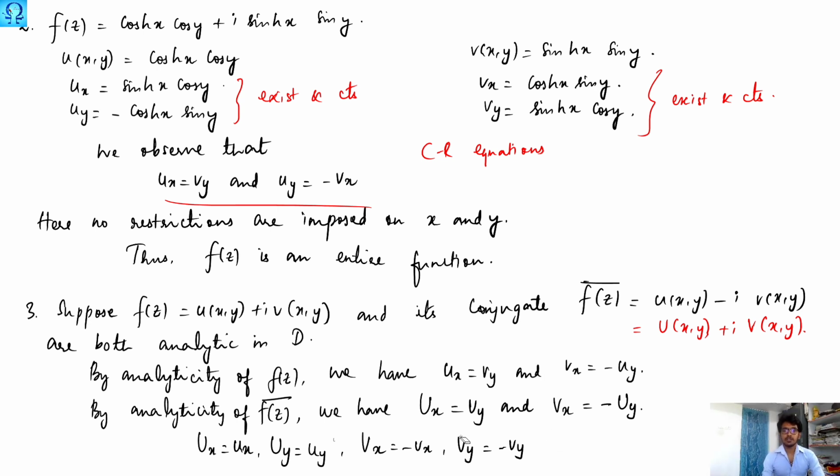Now we'll have to substitute the values of big ux, uy, vx and vy into this. So big ux was simply small ux. So ux equals what? Big vy, and big Vy is minus small vy, and big uy value is small uy itself, minus times big Vx, and big Vx is minus Vx. So this becomes simply Vx.